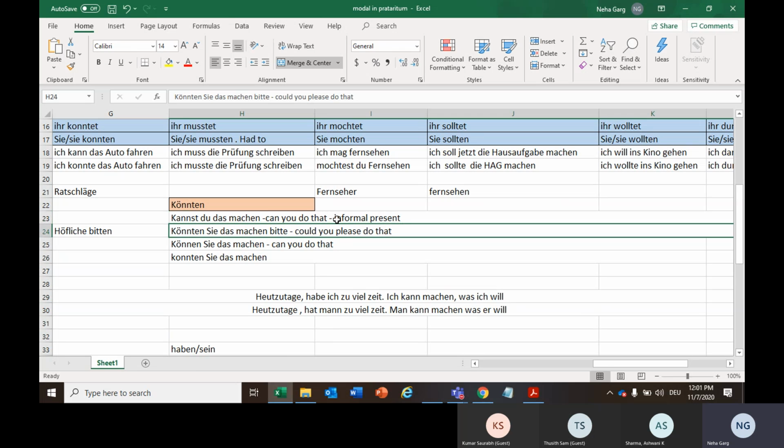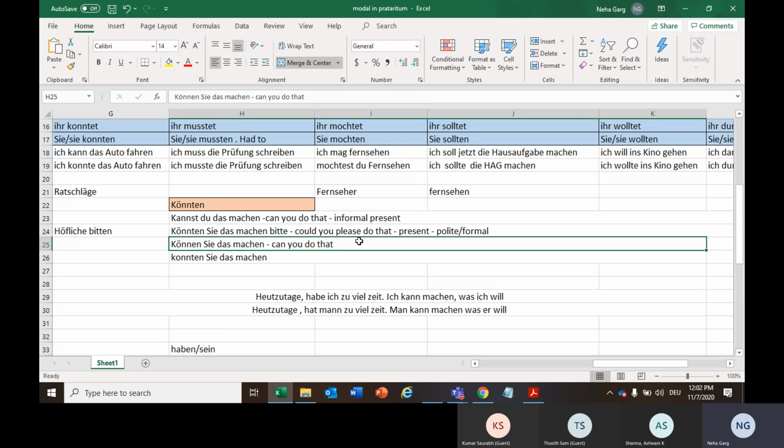Informal present. Könnten Sie bitte das machen? Could you please do that? That is present and polite, or I should say formal. But if I say können Sie das machen? Can you do that? That is present tense, formal, but it's not a request.